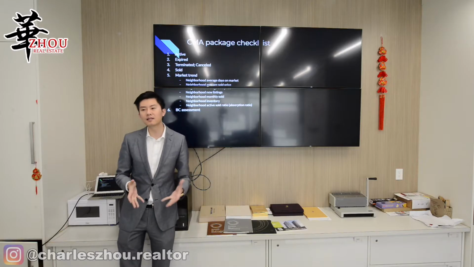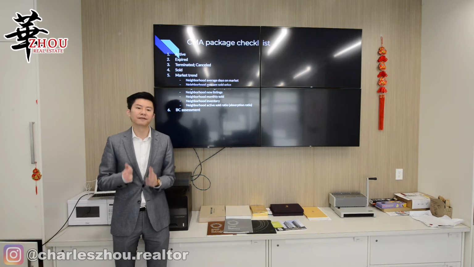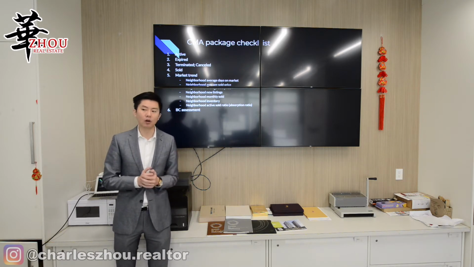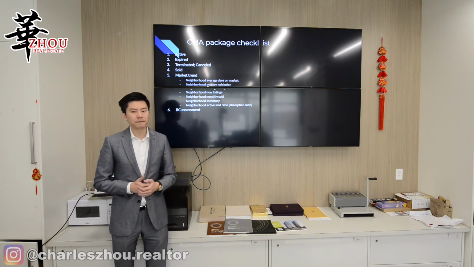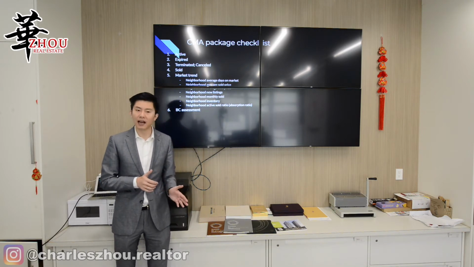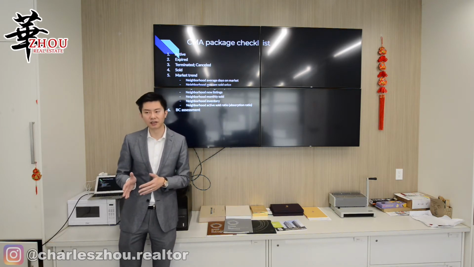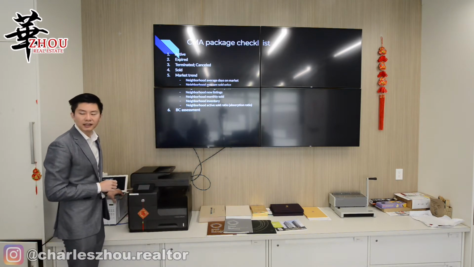A lot of people base their knowledge on BC assessment, but BC assessment is for property tax purposes only. It's not for determining market price, because the property assessment you see today is from last year, June, July. It's not current. So BC assessment is not an indicator.